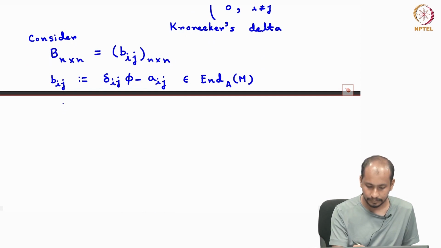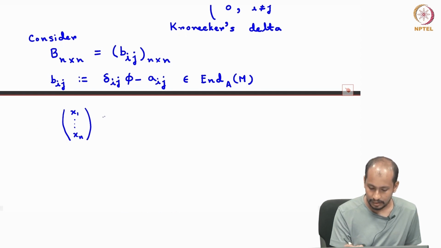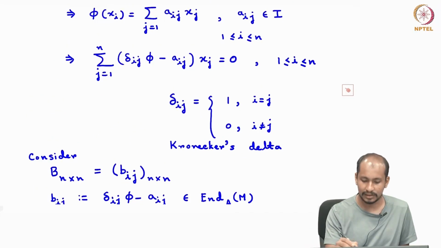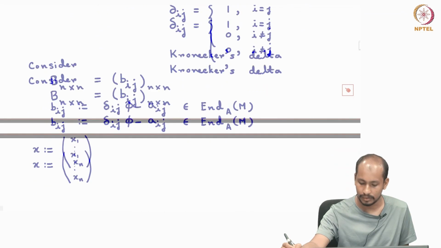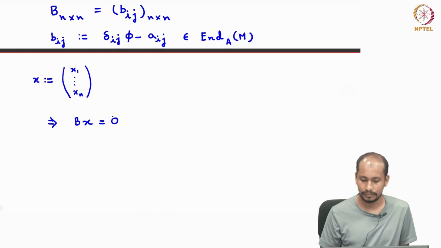And if we consider this column matrix x1 up to xn, we denote it simply by x. Then we can rewrite the previous expression, summation of delta ij phi minus aij applied to xj equals 0, as Bx equals 0. Here all the multiplications are given by composition of functions.